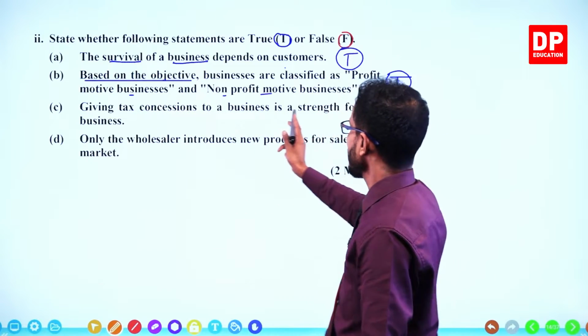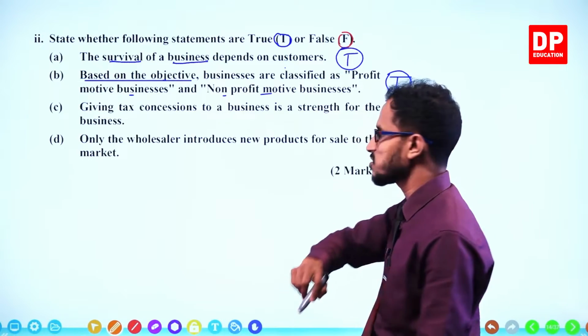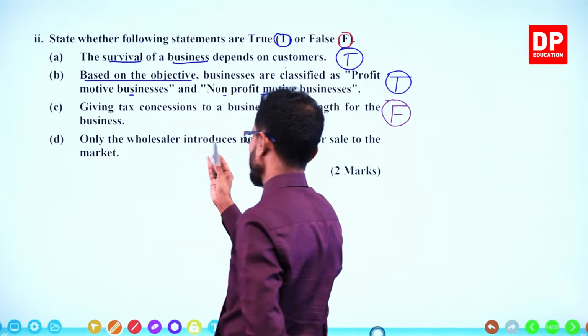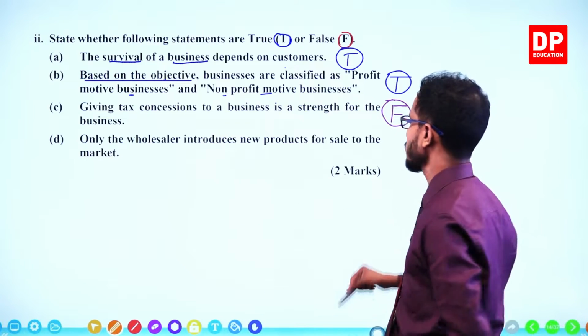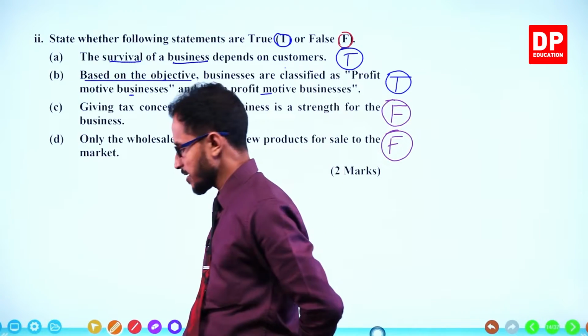Tax concessions is a strength of the business? No, it's false. Only the wholesaler introduces new products for sale to the market. That is a lie, direct lie.